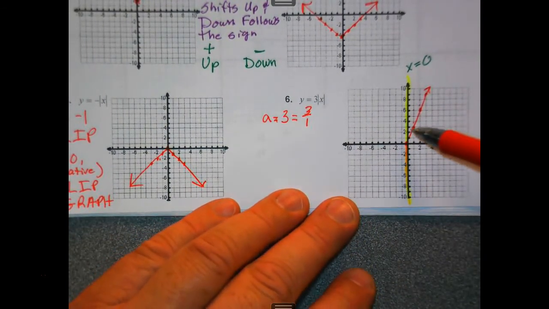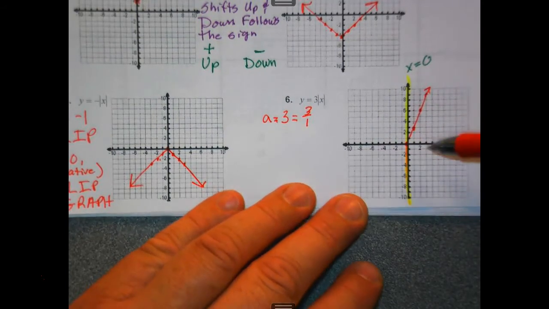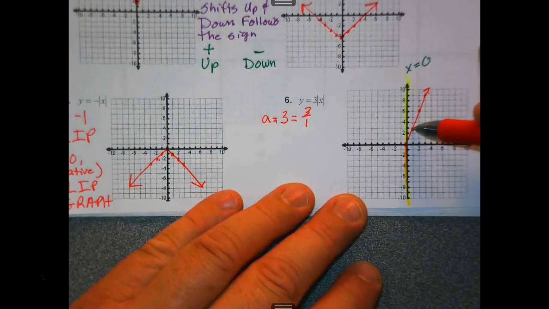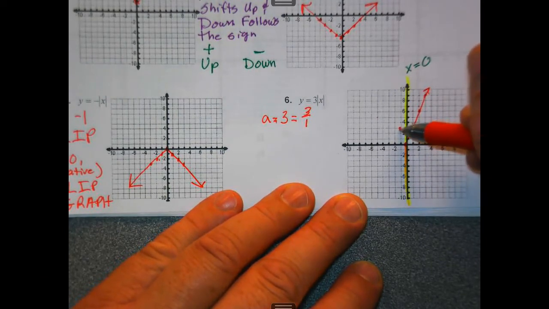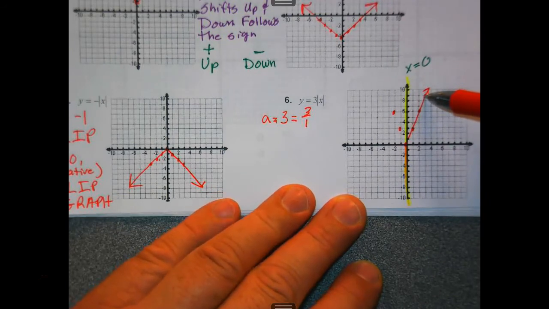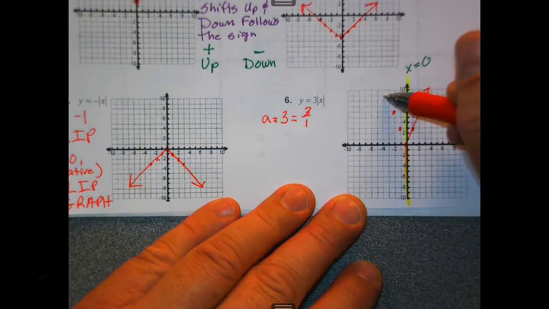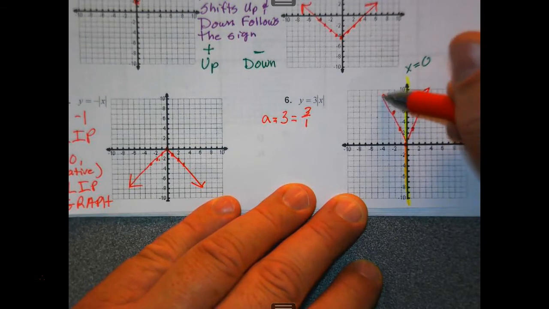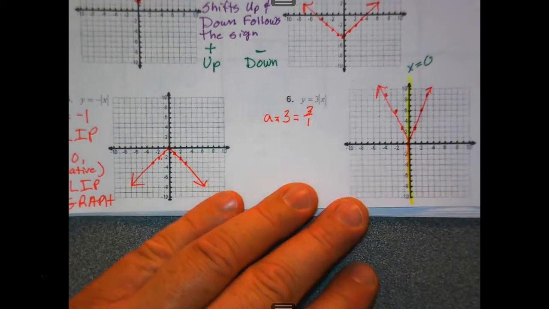Means it's symmetric, which means everything on this side has to be exactly the same over here. So if I look at this point, it has to be 1 away from the axis of symmetry, so 1 away this way. This one's 2 away from the axis of symmetry, so I just go 2 over here. This point is 3 away from the axis of symmetry, so I'm just going to go 3 over here.